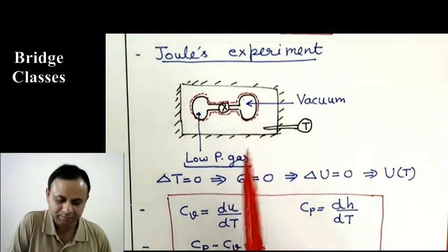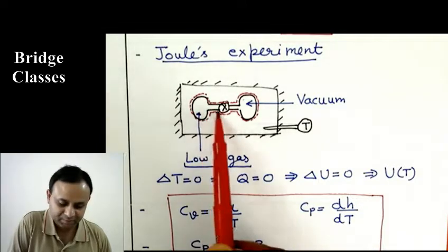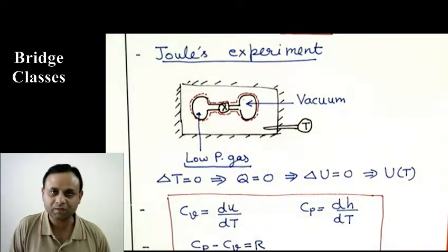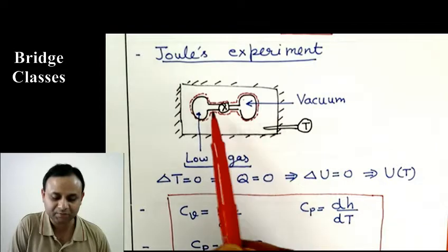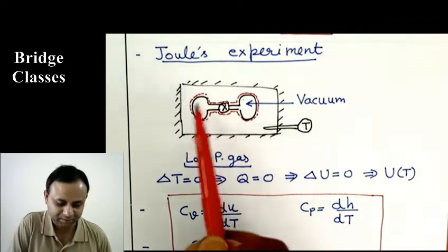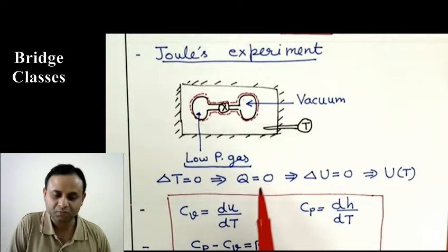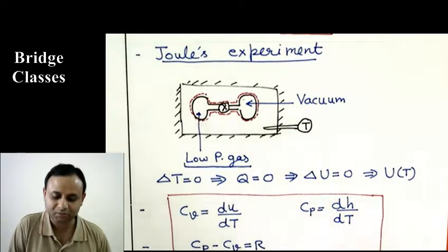Also, for this system, when this valve is opened, there is no work transfer, because there is no electrical work, no boundary work, no shaft work. So there is no heat transfer and no work transfer. That means delta U is 0. Based on the first law, delta U is Q minus W, so delta U is 0.